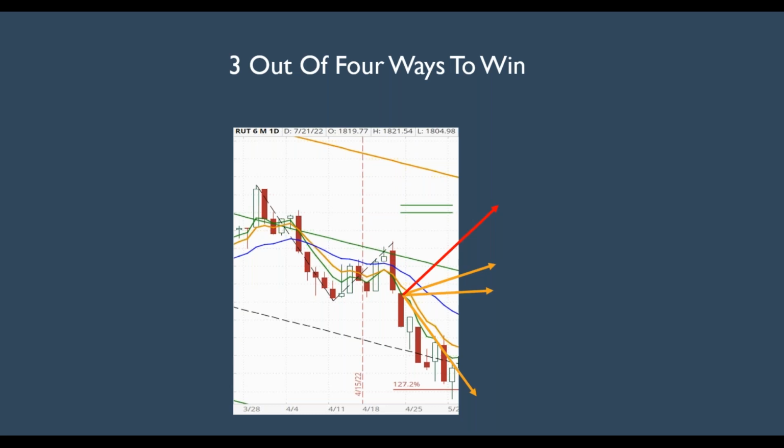You know, if you're looking at a straight put or a straight call, it has to go in that direction quickly for you to make money. Yeah, it happens sometimes, but with a credit spread, there's 3 out of 4 ways you can win.